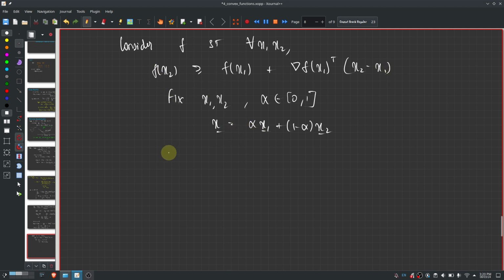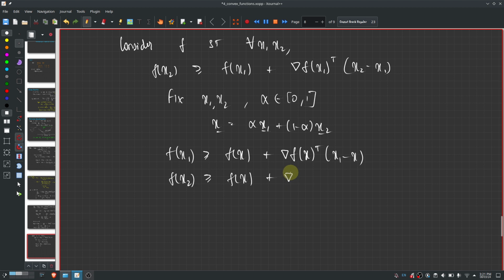So in particular, this is also true if I take f of x1 greater than or equal to f of x plus gradient f of x transpose times x1 minus x, and f of x2 is greater than or equal to f of x plus gradient f of x transpose times x2 minus x. So let me call this 3.